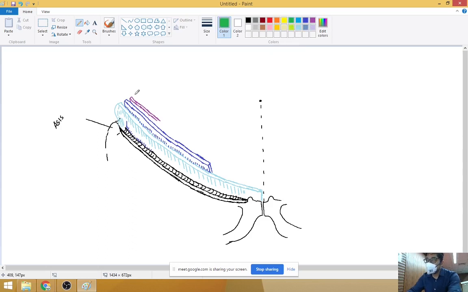So there is a fascia known as the fascia transversalis, which lies like that, covering all throughout.